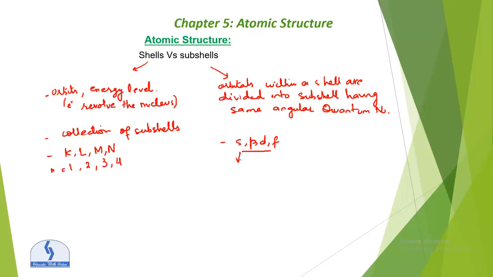For s, l is equal to 0, for p, l is equal to 1, and so on. The principal quantum number is denoted by small n and the angular momentum quantum number is denoted by small l. So this is all about the difference between shell and subshell.